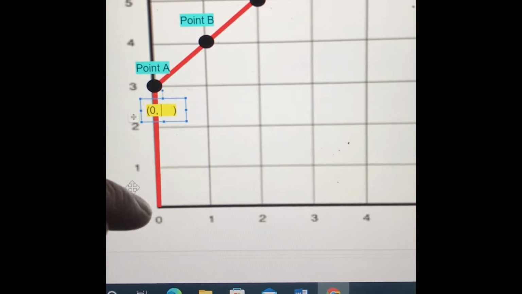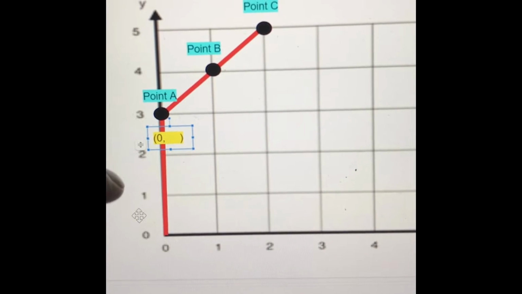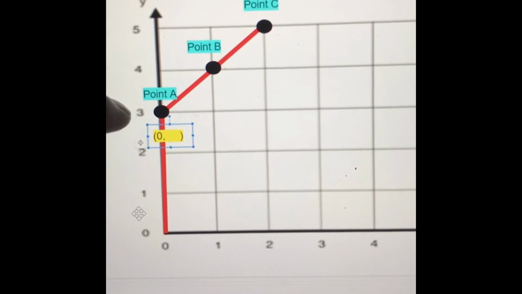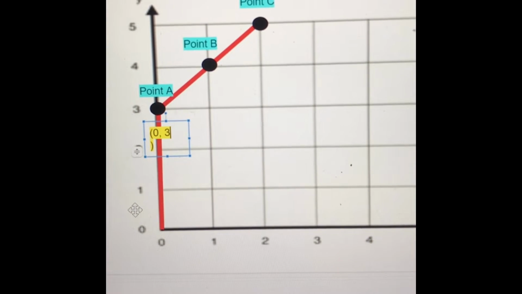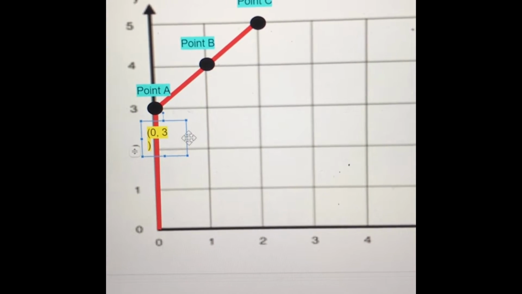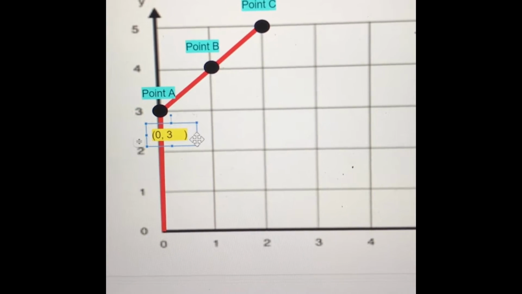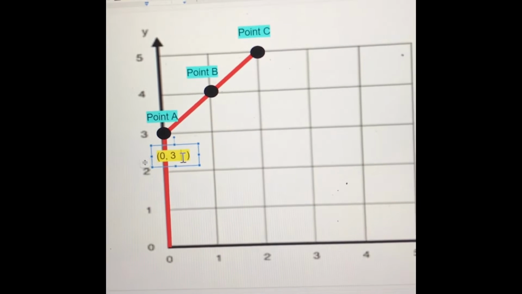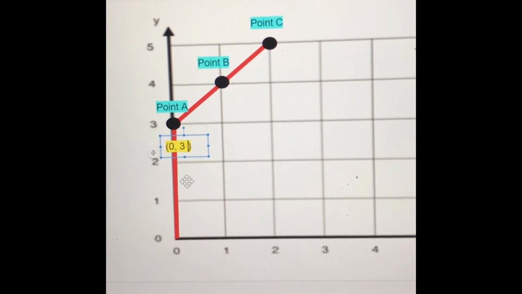Now looking at the y-axis, 1, 2, 3. So the number along the y-axis is 3. So those are the coordinates for point A. Zero and 3.